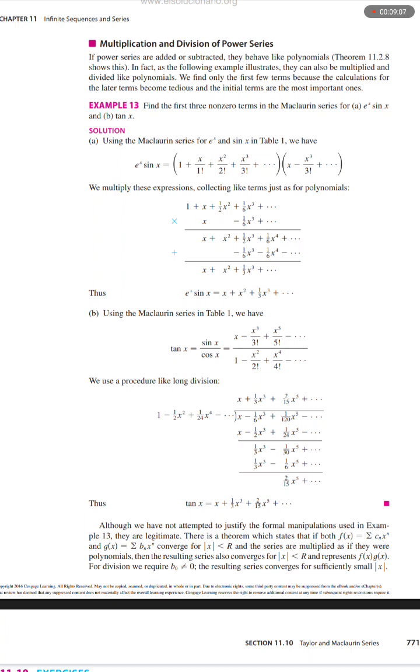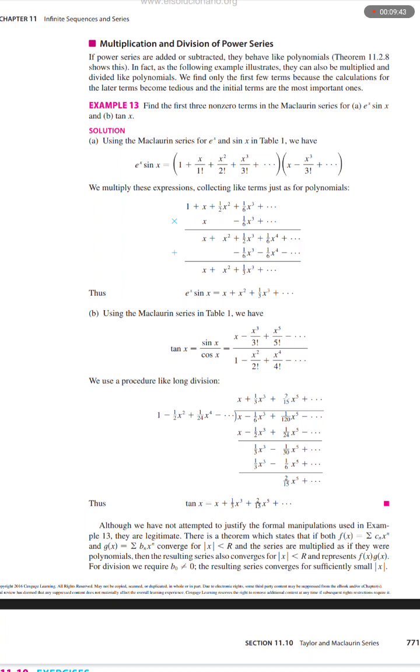Then we get x plus x squared plus 1 half x cubed plus 1 over 6 x to the fourth power plus ellipsis, plus negative 1 over 6 x cubed minus 1 over 6 x to the fourth minus ellipsis.